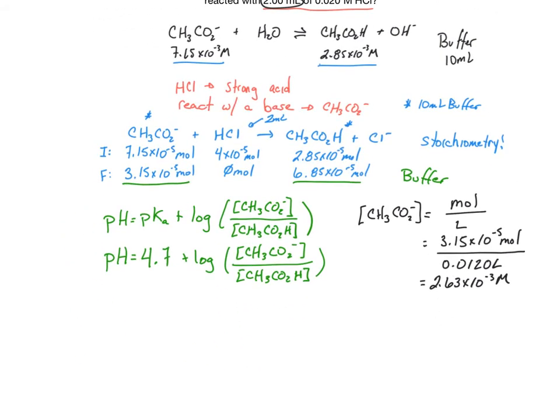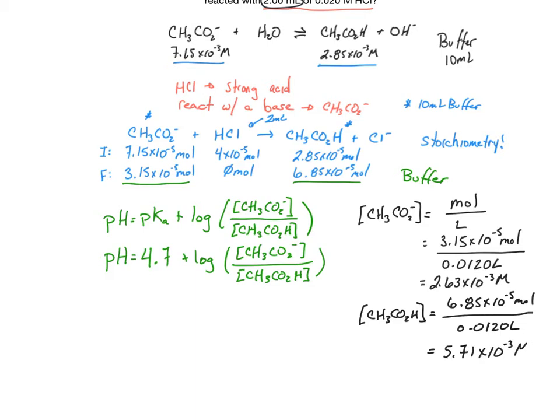And now I'm going to do the same thing for the acetic acid. Equals 6.85 times 10 to the minus 5 moles divided by the 12 milliliters, which gives me 5.71 times 10 to the minus 3 molar.